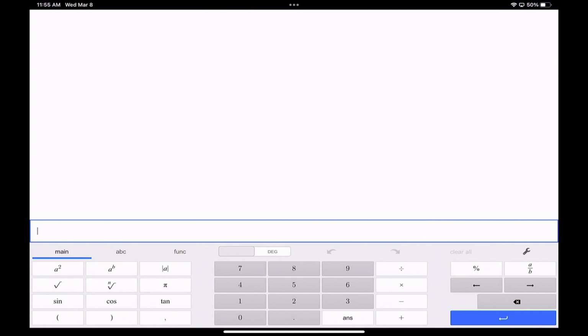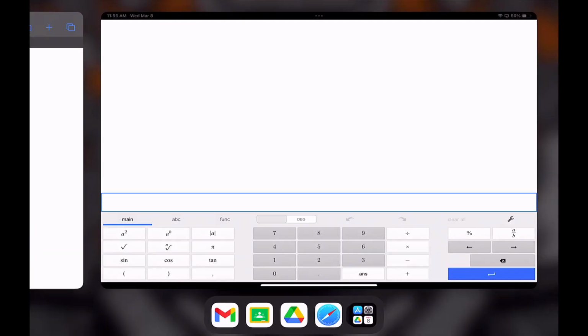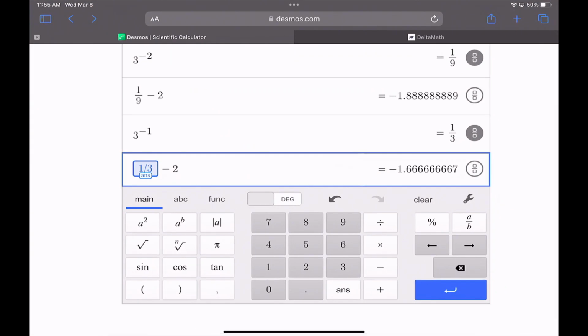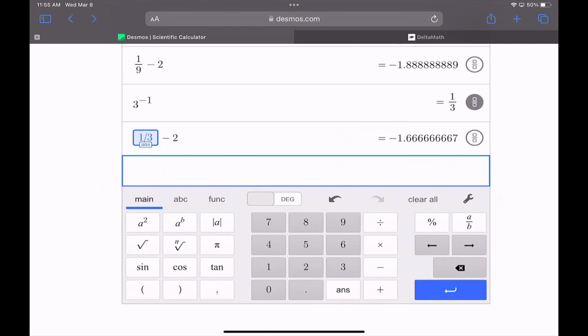Kind of looks like the Delta Math thing you guys have.